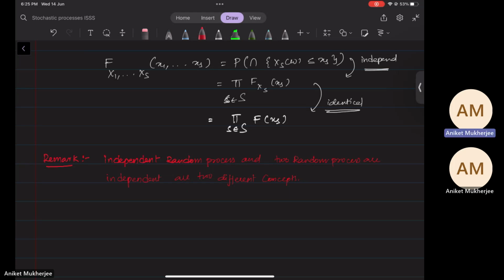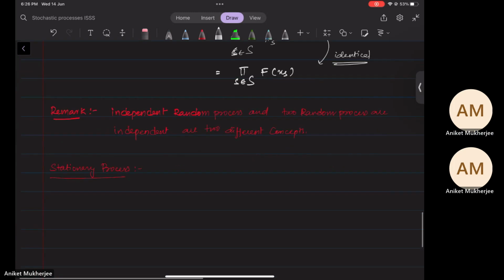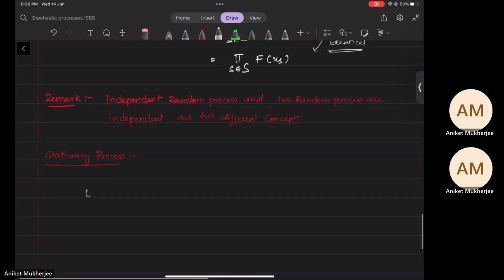Okay, so next we have the stationary process. Again, let X be a stochastic process.